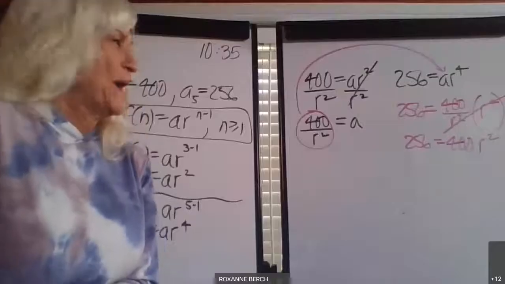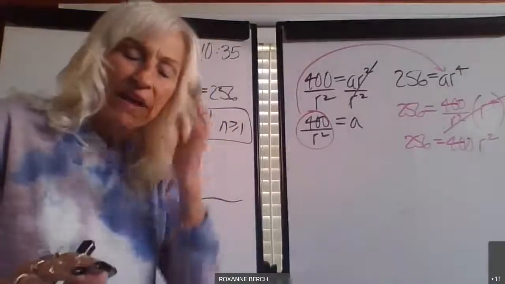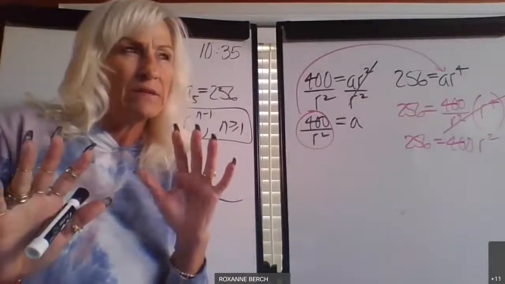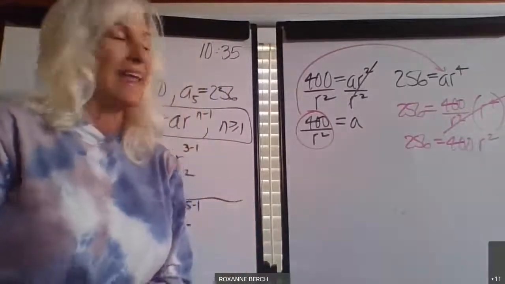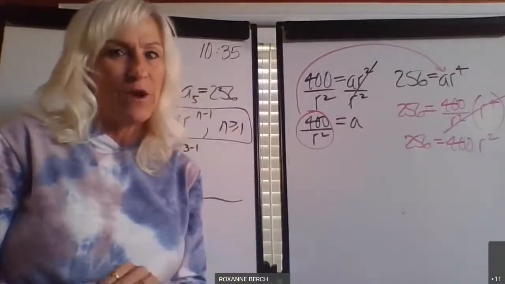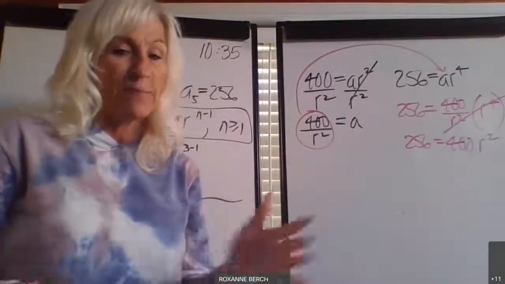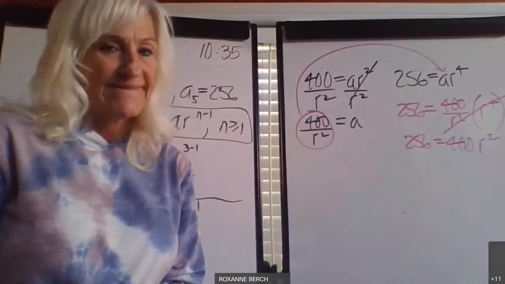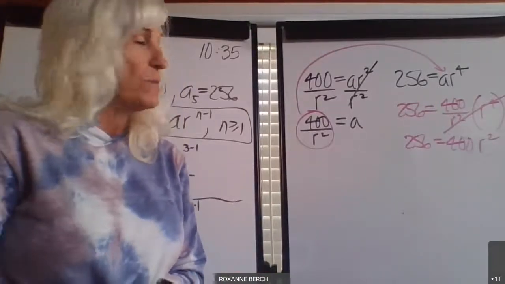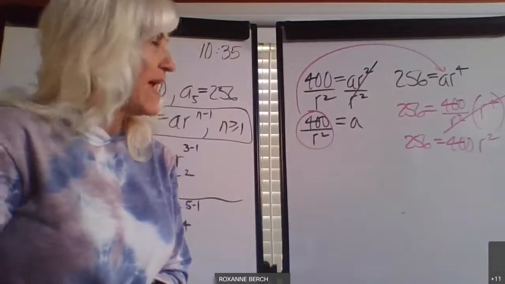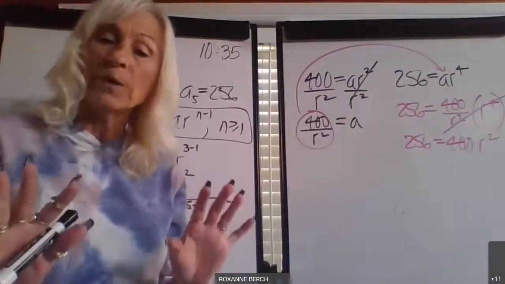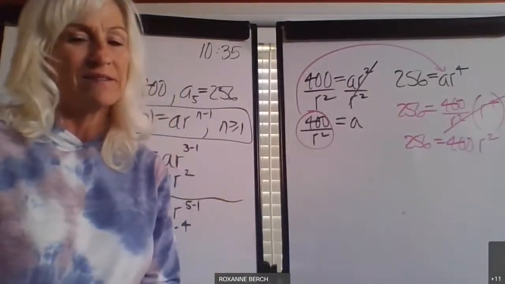Yeah, because you're being a little risky in doing what you said. We don't want to be risky because we might lose something. Because remember, when you take the square root of both sides, you have to put plus or minus.